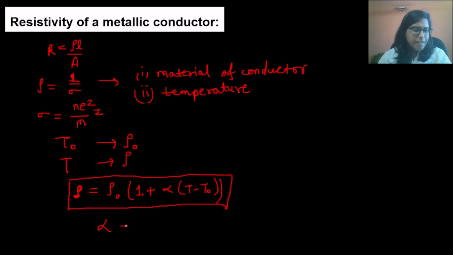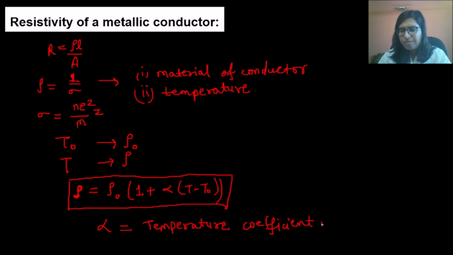And alpha here is the temperature coefficient of resistivity, and its unit is Kelvin inverse. Right?